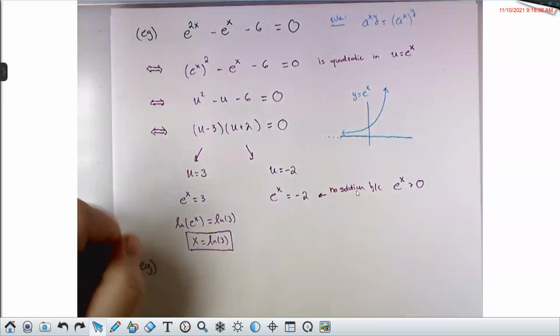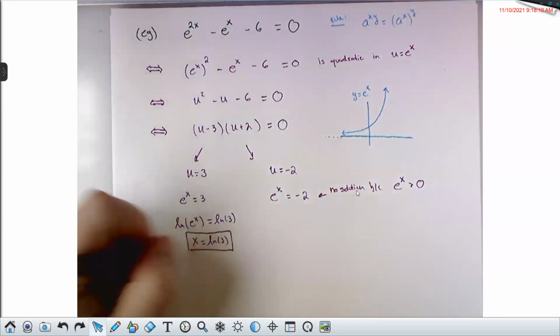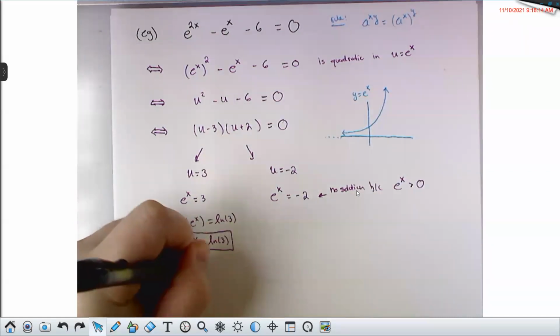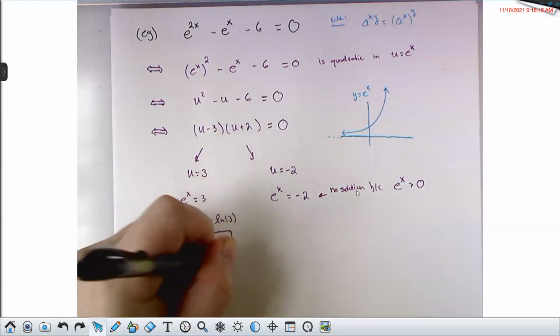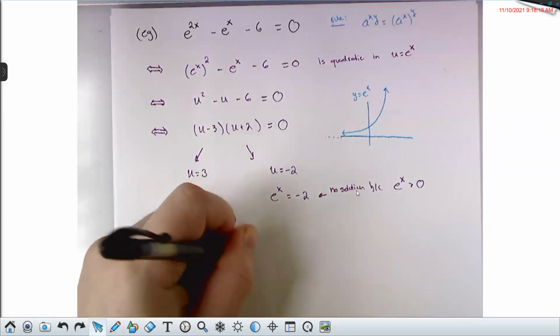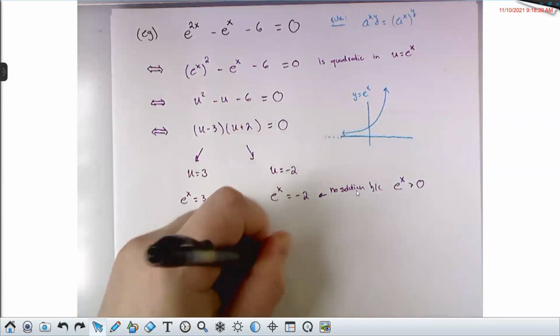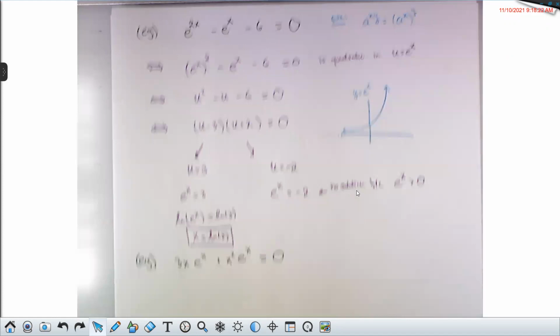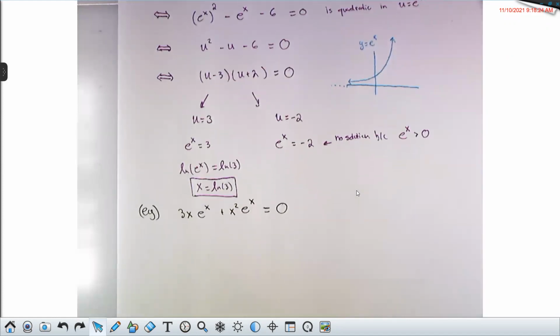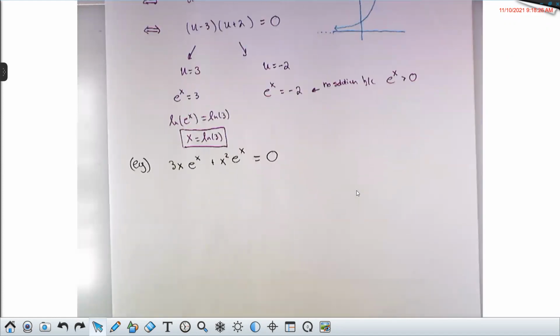All right, last one. How about 3x times e to the x plus x squared times e to the x equals 0. I've got a bunch of stuff on the left-hand side and the right-hand side is 0.